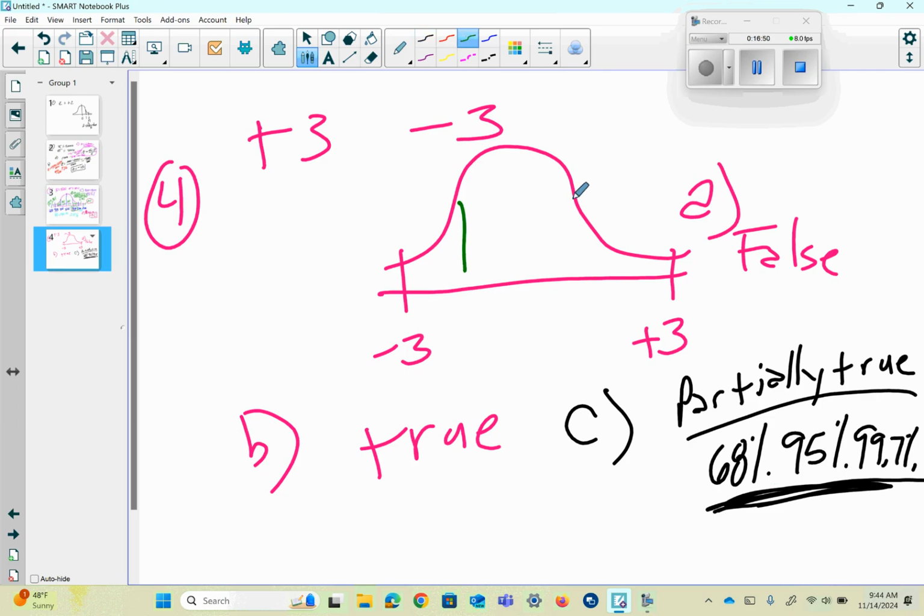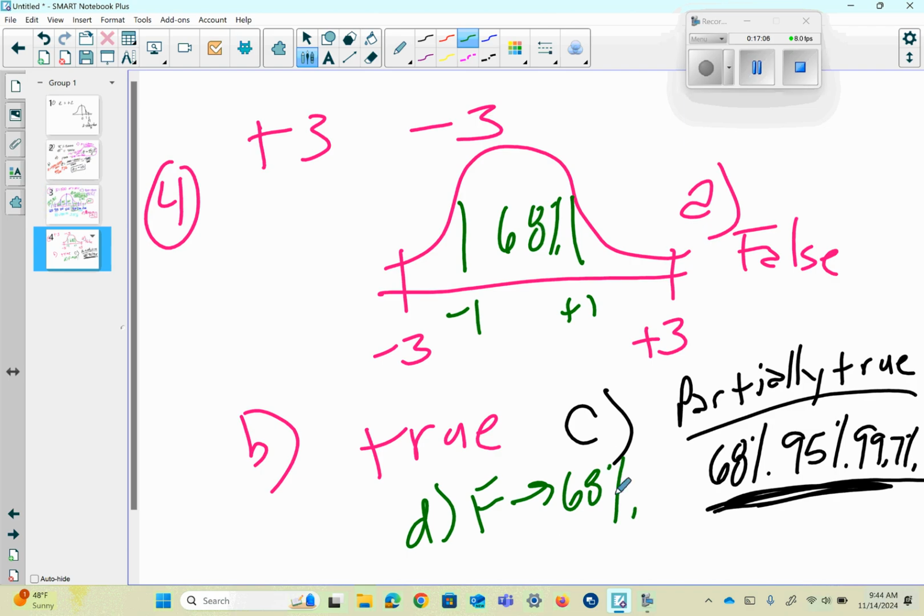Well, 1 standard deviation above and below is 68%, and 68% is not the same thing as 86%. So letter D has to be false. It's 68%.